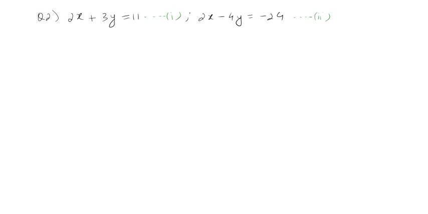So from the first equation I'll get the value of x, the method is the same. So from equation 1 we get x is equal to 11 minus 3y upon 2, right? This is the value of x.